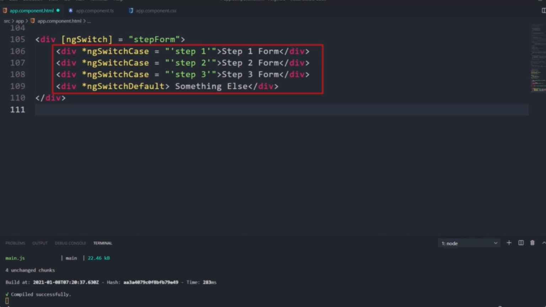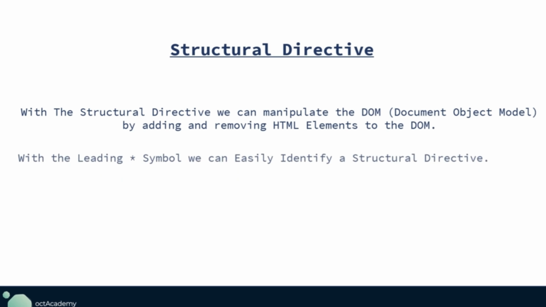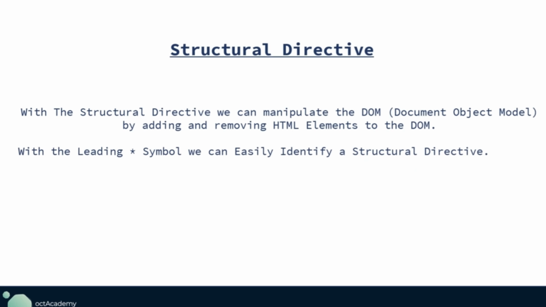If the statement is false, this will remove this from the DOM. So this is what we call a structural directive. So here is the lesson. With a structural directive, we can manipulate the DOM by adding and removing DOM elements dynamically. For a structural directive, we use this leading asterisk symbol. So we can easily identify a structural directive with this leading asterisk.